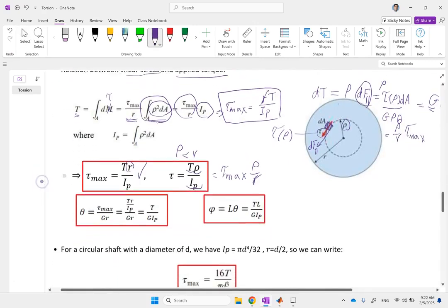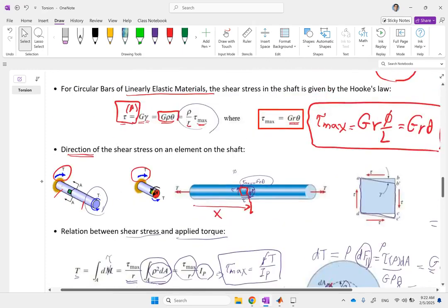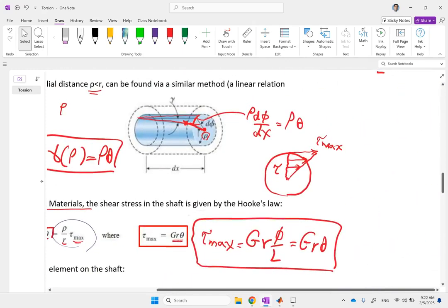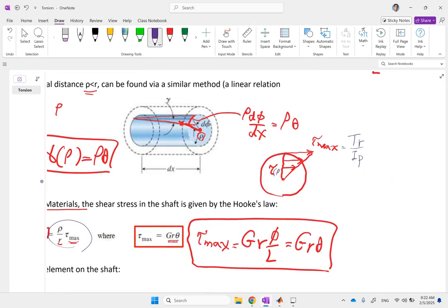So this is shear stress at arbitrary radius. This is shear stress at the max radius. Remember, when I showed you this profile here, this tau max is TR over IP. This tau of rho is rho T over IP.